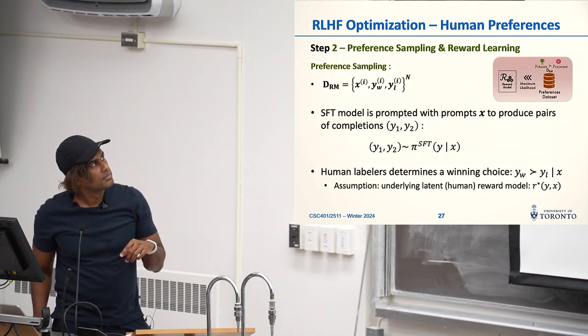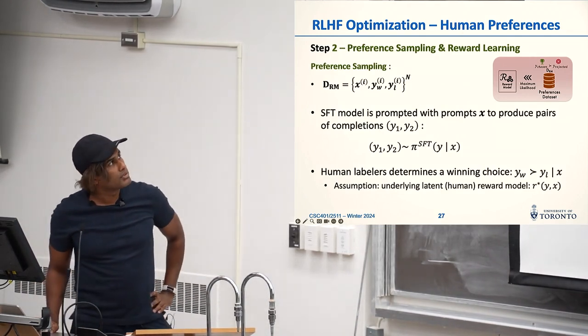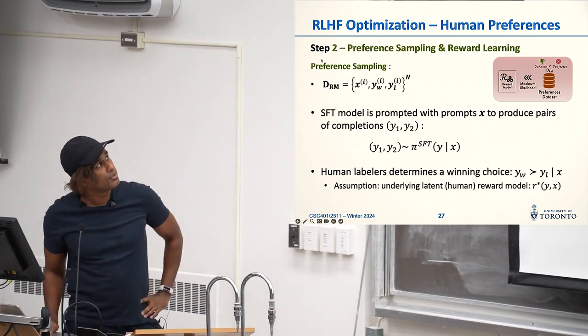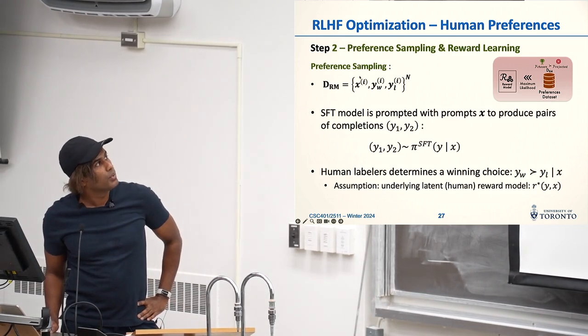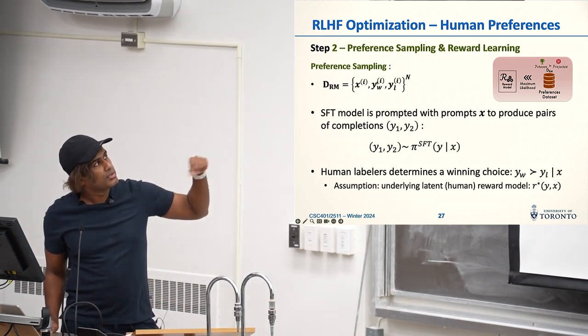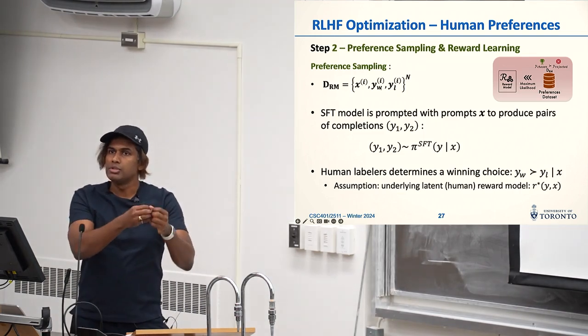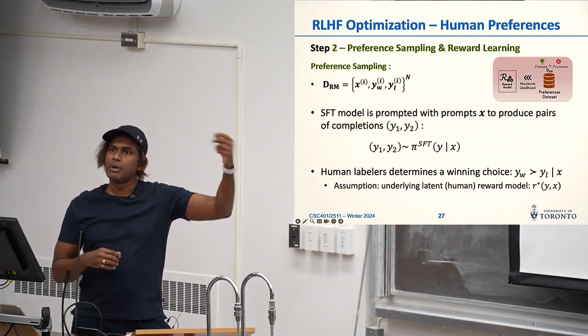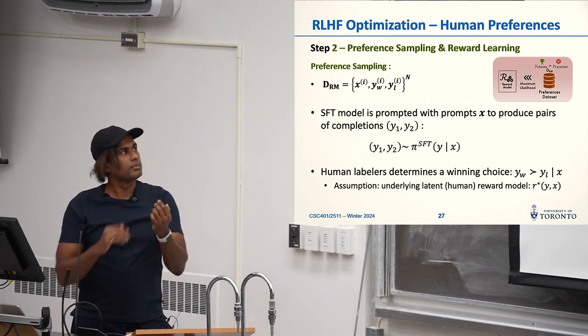So, okay, let's dig a little bit deeper into what we're doing in step 2. First we do preference sampling. Whatever this DRM data set is, how do we build it? We prompt the model to generate samples. We have a prompt X, and we ask our language model to generate 2 completions.